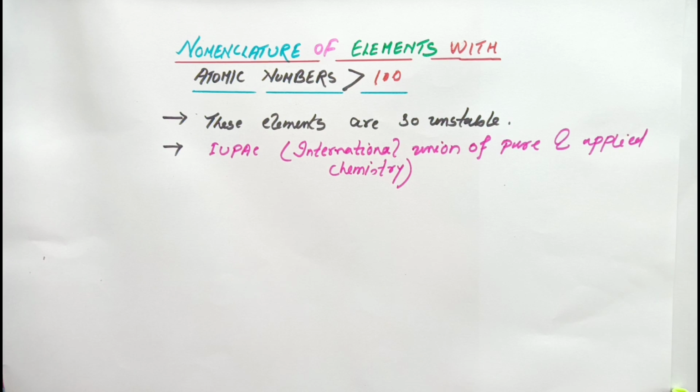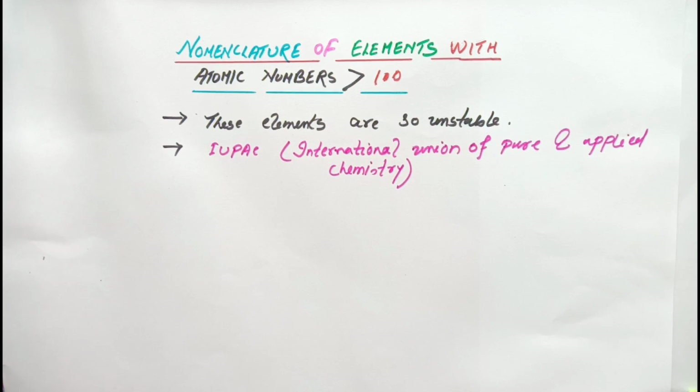So the IUPAC, that is the International Union of Pure and Applied Chemistry, decided the official names of these elements, and they recommended a system for their nomenclature. Now we are going to see how this systematic naming of elements with atomic number greater than 100 was done.